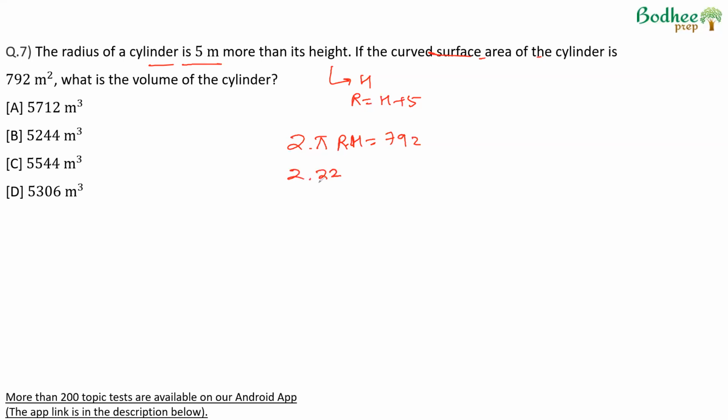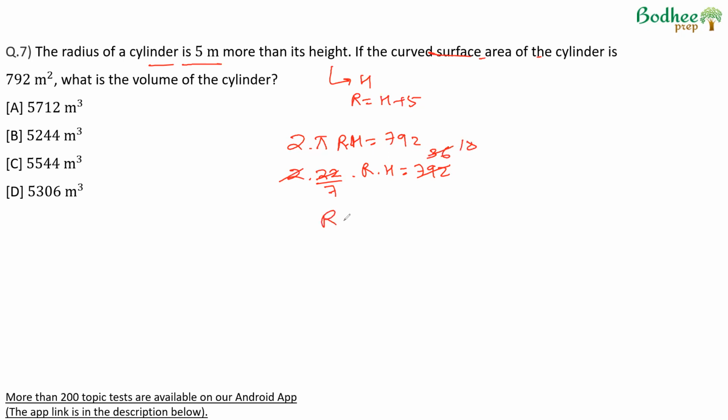2 into 22 by 7 into r into h is 792. 22 will divide 792, 22 3s are 66, and 13, 36. This will also get divided, 18.